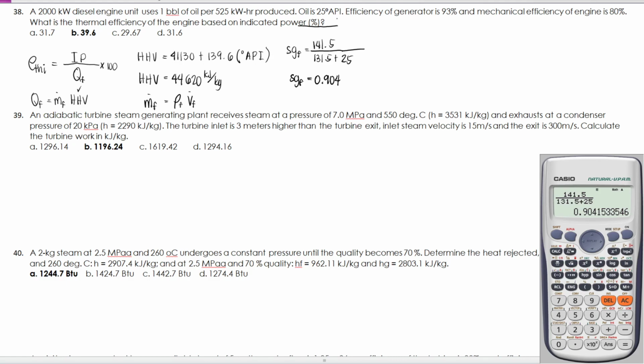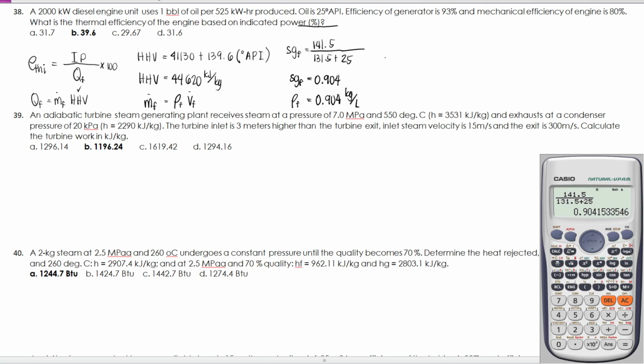So, hindi na natin siya kailangang i-adjust pa or i-correct pa yung value. Okay? Unlike dun sa ginawa natin kanina. Kasi again dito, wala namang specific na temperature yung oil fuel. So, magiging density natin for this fuel, multiply lang natin to 1 kilogram per liter para sa density ng water. So, density of this oil fuel is also 0.904 in kilograms per liter.